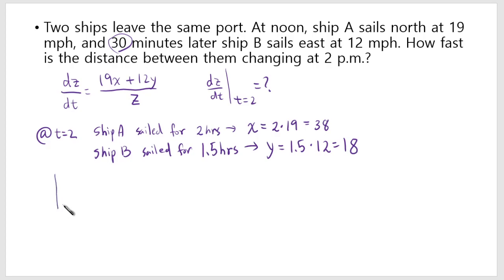Now, let's go back to the picture and see what's going on here. So basically what we have here is this side x is 38, this side y is 18, and we still don't know the value of z, but because this is a right triangle, we know that 38 squared plus 18 squared should be z squared. In other words, z must be square root of 38 squared plus 18 squared.